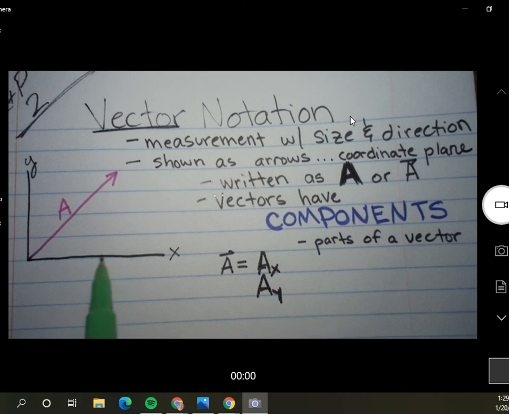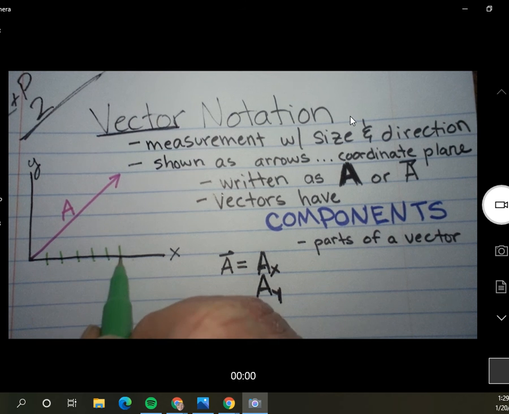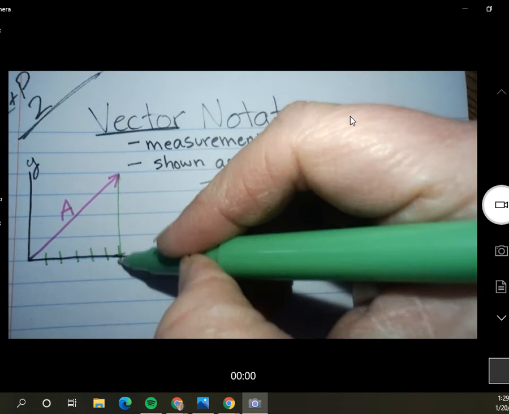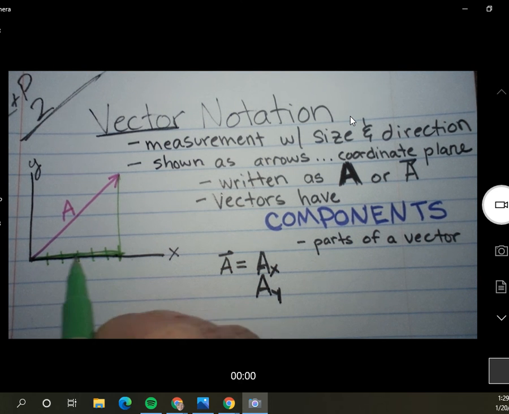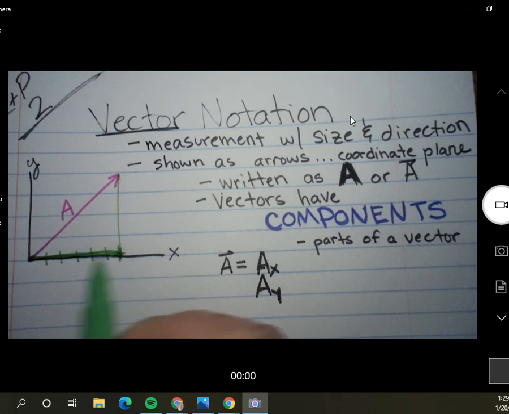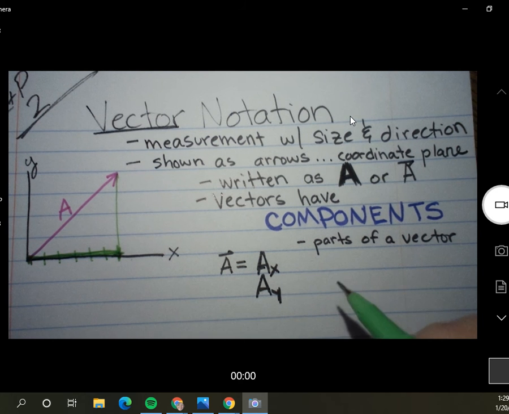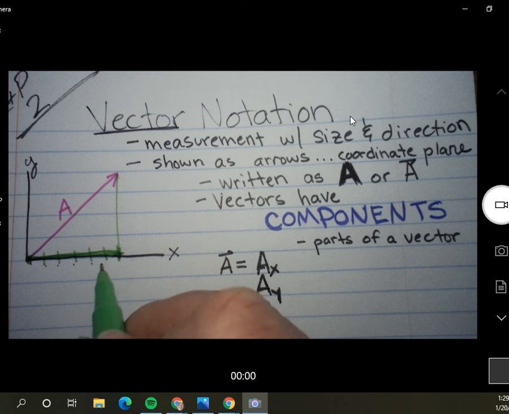If we have an x coordinate here, we go there. This is A sub x. So A sub x is, in this case, 1, 2, 3, 4, 5, 6.